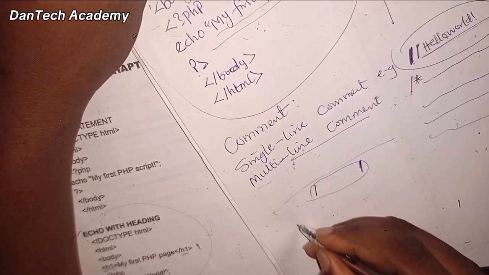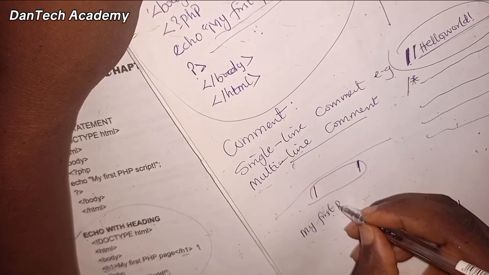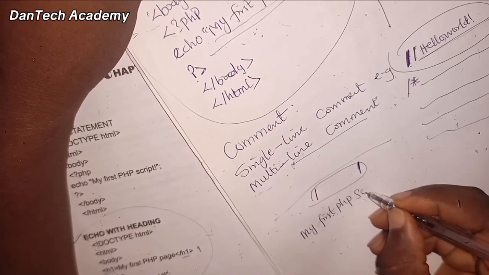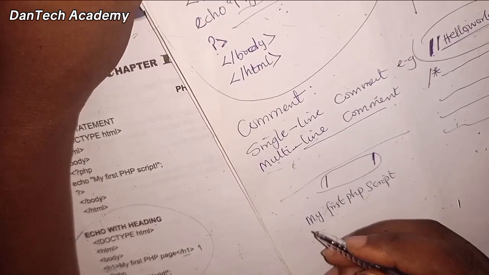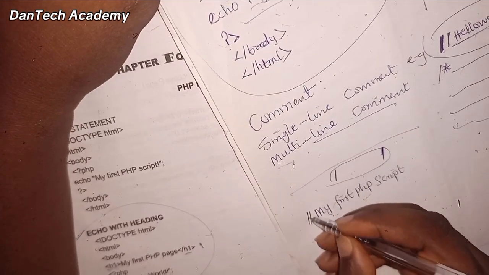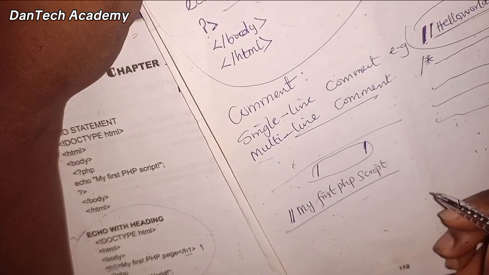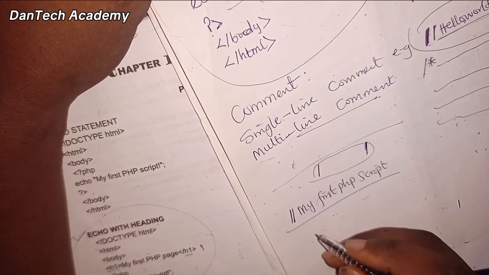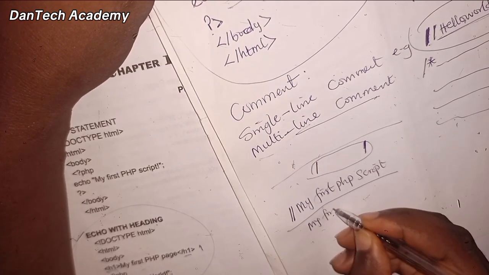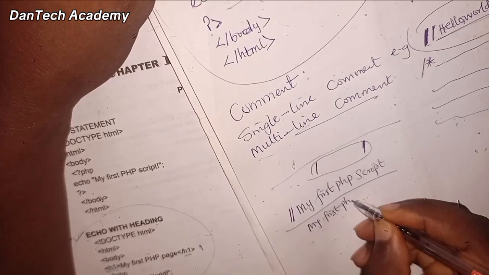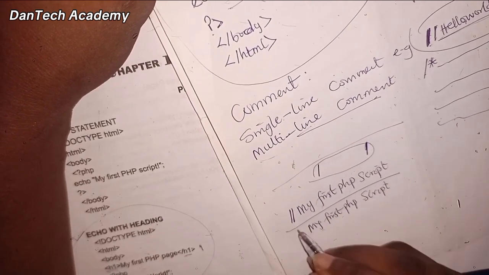Let's say I do my first PHP script. Now, if I do it like this, everything here will become a what? A comment. But if I now say my first PHP script, I don't want to make everything here a comment.